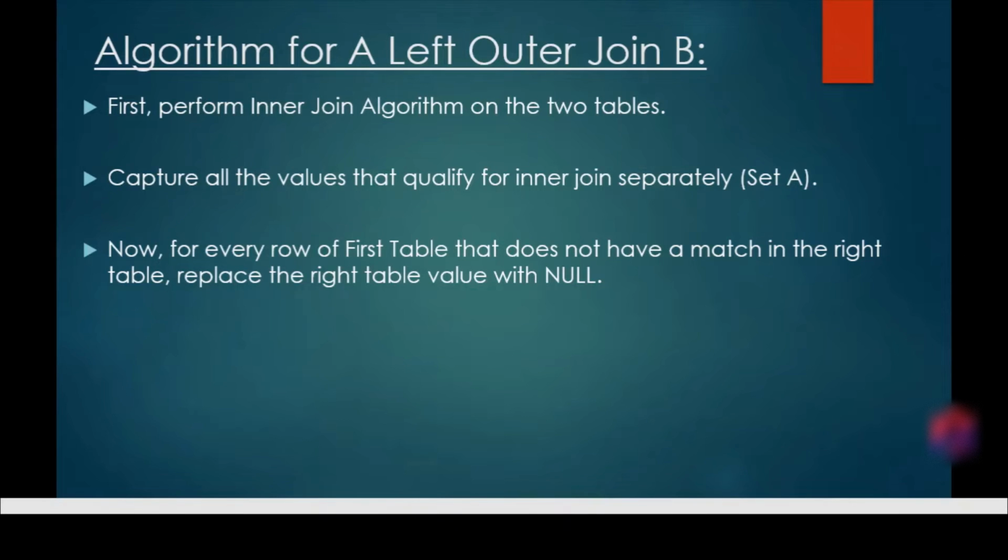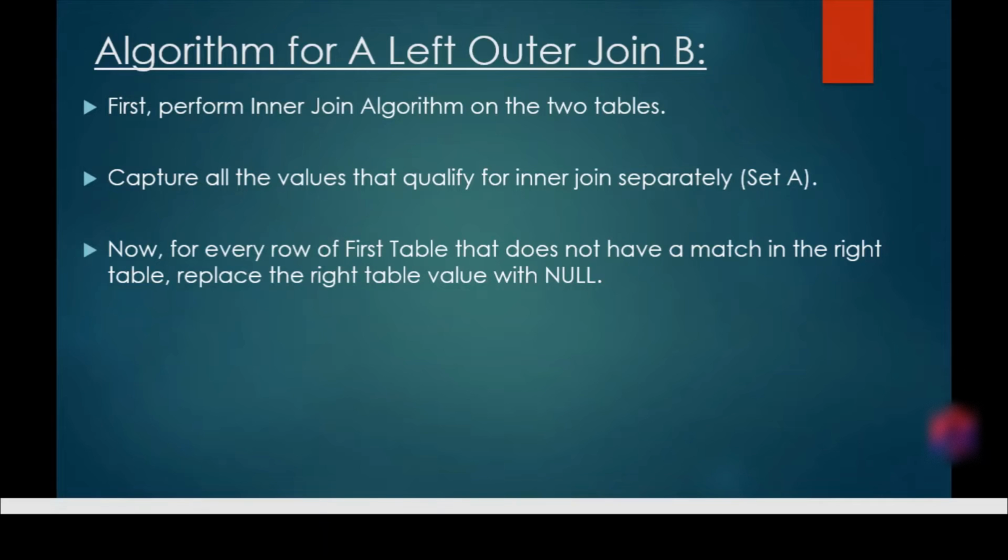We'll see this when we perform the example in a couple of seconds, but understand the algorithm here. The first step is to perform the inner join algorithm. From that, we get set A, which is all those rows which are equal between A and B. But what do we do with those values of A that do not have a match in B?